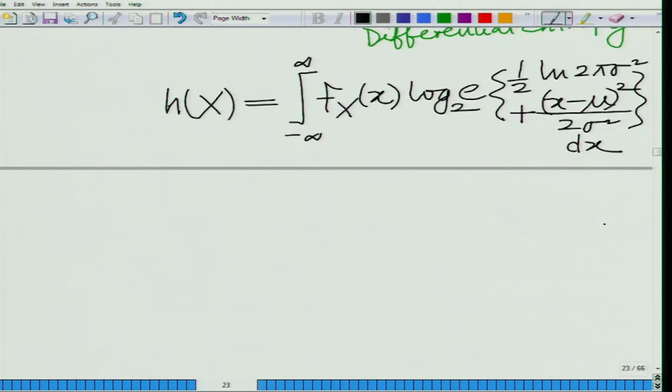Now, let us look at this term by term. Of course, log e to the base 2 is a constant, so that comes out.